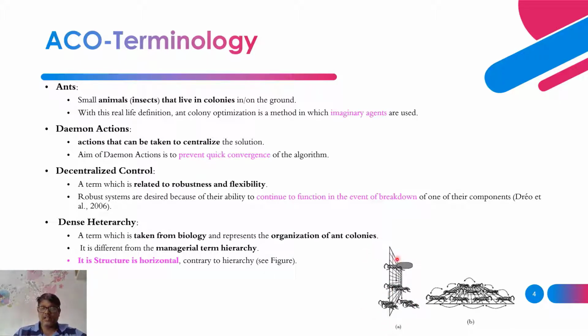This is the vertical arrangement in the case of hierarchy, whereas dense hierarchy is a structure arranged in a horizontal manner. You can see the first two are the shortest path elements, members, and the last four ants represent the longest path elements or longest path agents. So that's about the hierarchy. See, the shortest path will have less density, and the longest path will have the highest density, more ants.